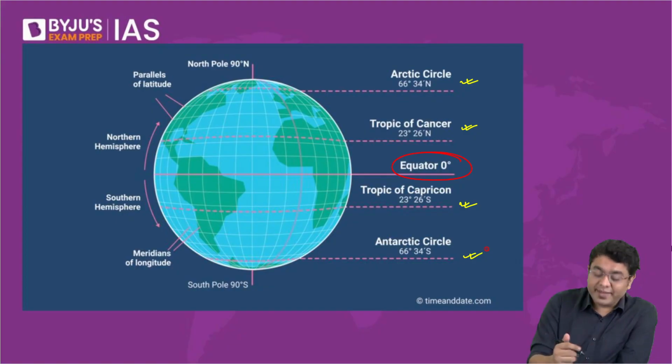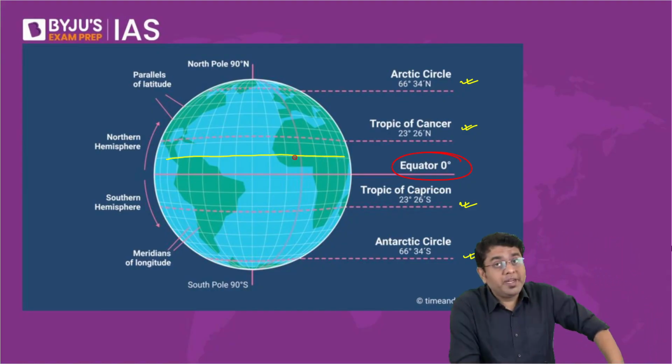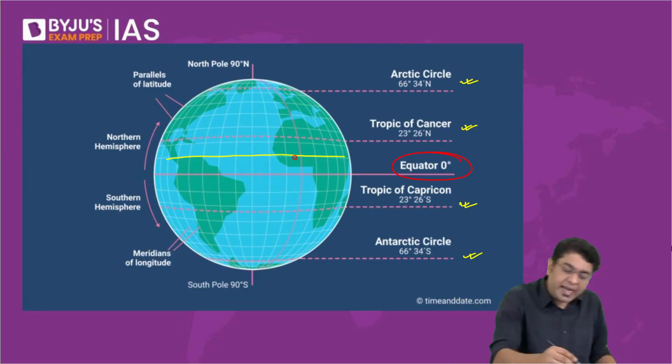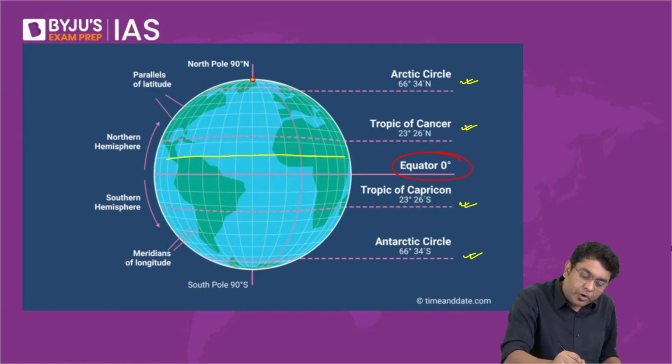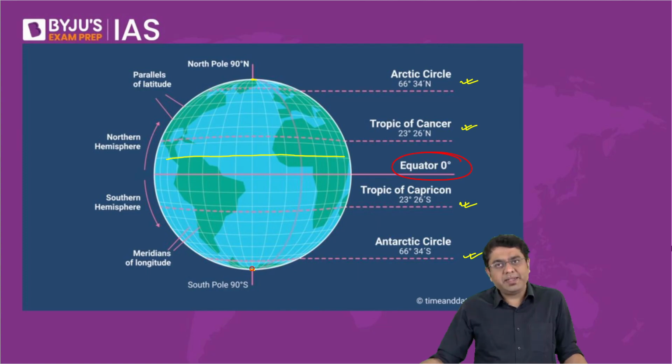So observe, none of these latitudes will ever meet. The latitudes don't meet, but the longitudes do meet. Where is it that the longitudes meet? They will meet at the polar region, the North Pole and South Pole. That is where all the longitudes will meet.